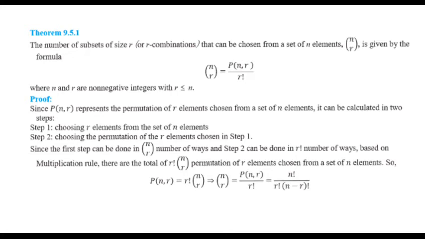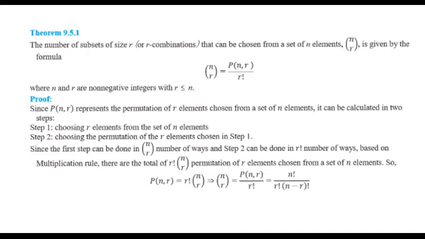If you look at step 1, when we are going to choose R elements out of a set of n elements, then the number of ways is equal to n choose R. That's just the definition of n choose R. And in the second step, we just need to find the number of permutations for a set of R elements that are chosen in the previous step.